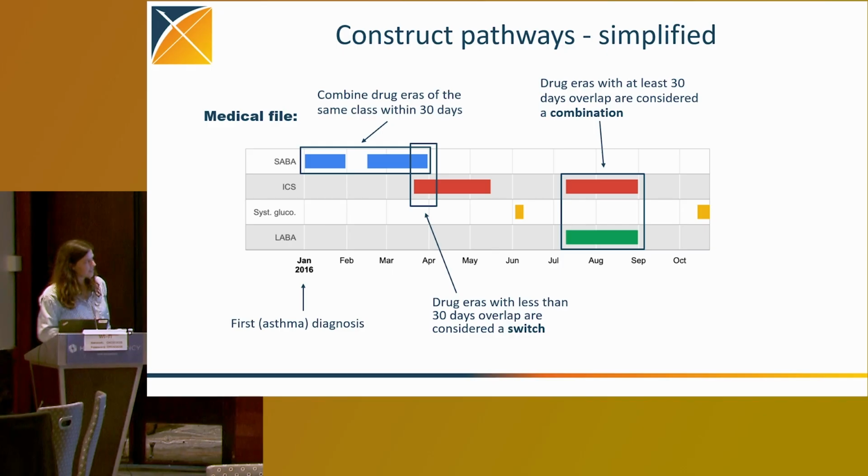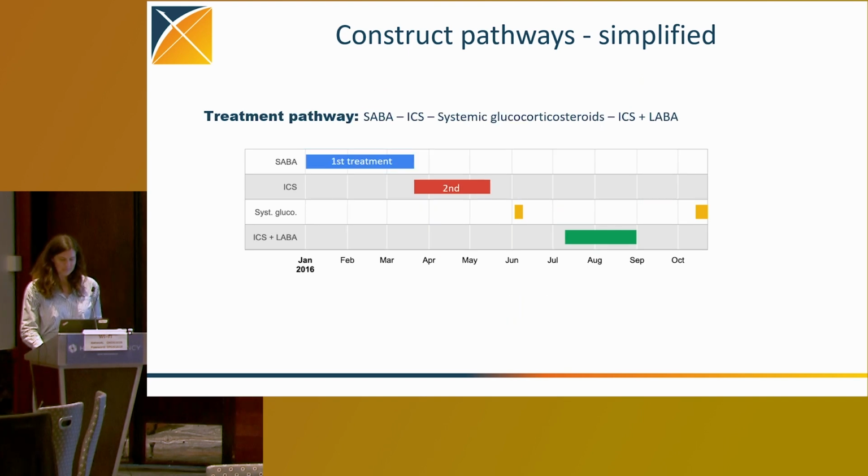On the other hand, here at the end of the medical file, you can say that these periods where there was a longer time where both treatments were received can be seen as a combination treatment. So now you can already see these are the kind of decisions that you need to make, and you need to have a way to both identify the questions that you need to answer with your clinical team, but also a way to communicate that you made those choices in your study design.